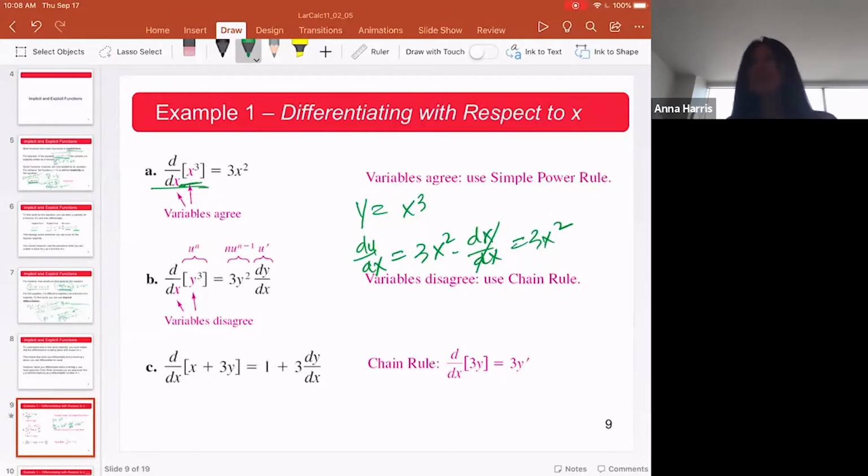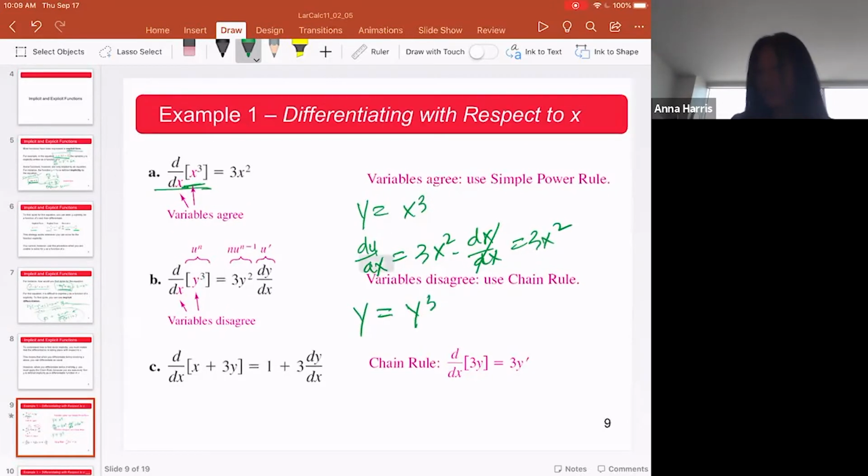So you can think of it this way: you're taking the derivative with respect to x, so I can write dx over dx. Now if I give you y equal to y to the third, you can think of it that way too.